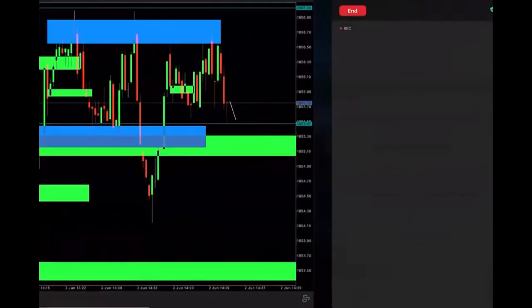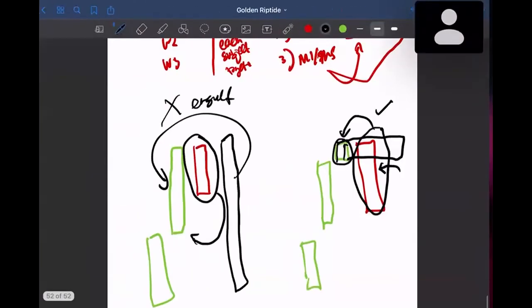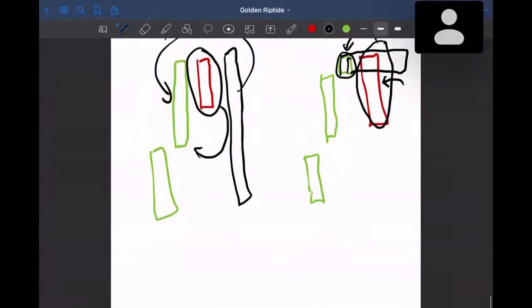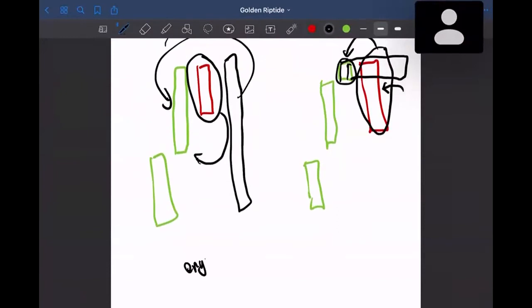So people usually have some formula. If you see an engulfing buy, and the next time it comes, engulfing buy again, the third time it comes, you can buy.